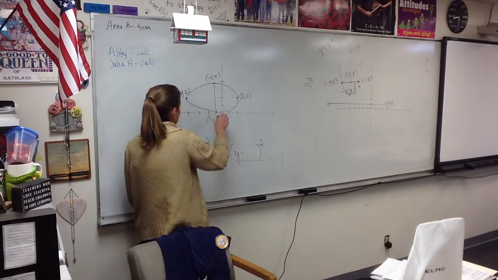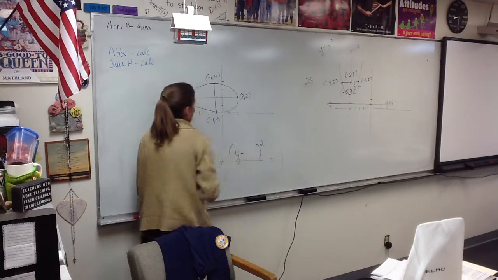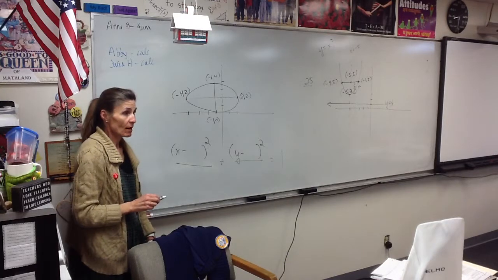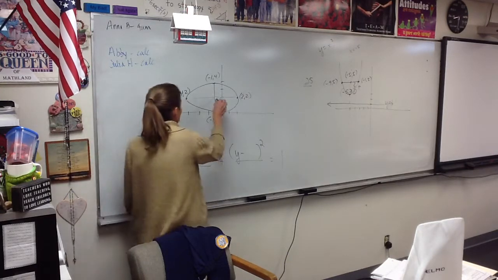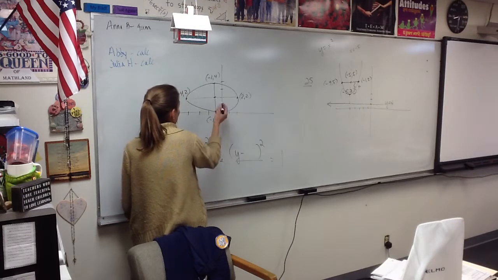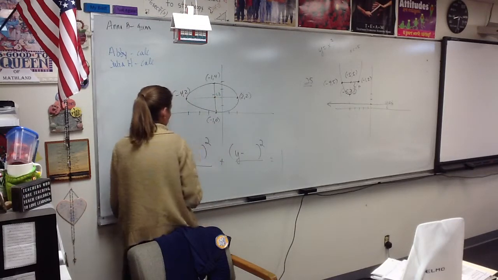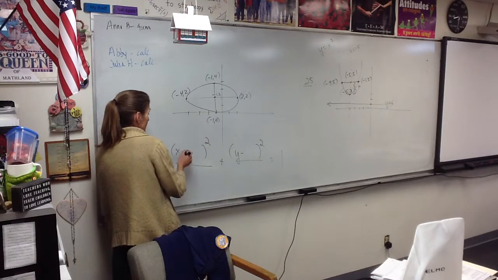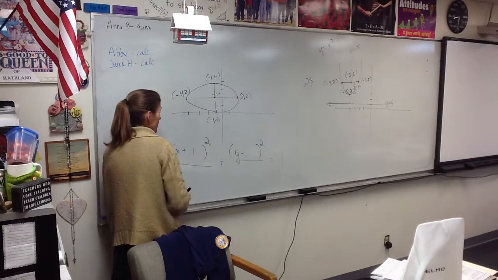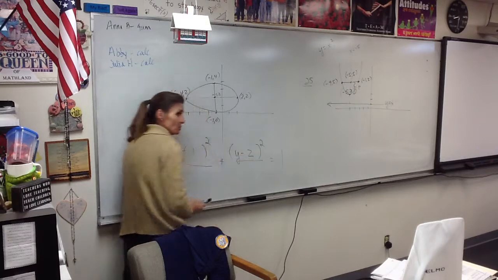Won't the center be the midpoint of either axis or where they cross each other? So that would be the point what? -1, 2. So in the equation that will be x plus 1 and y minus 2.